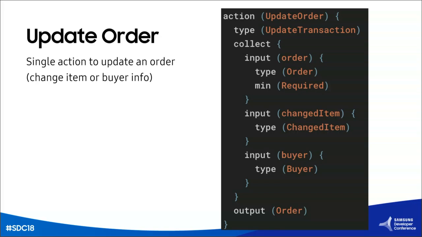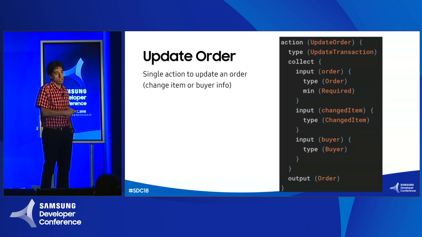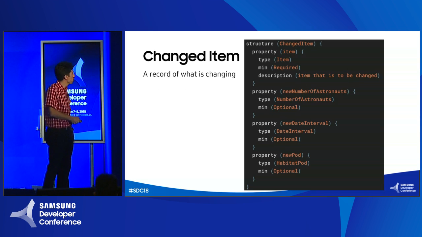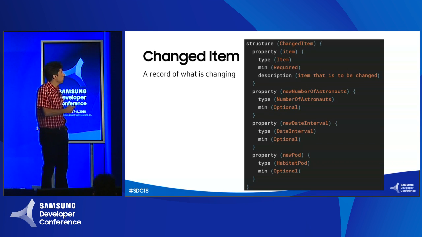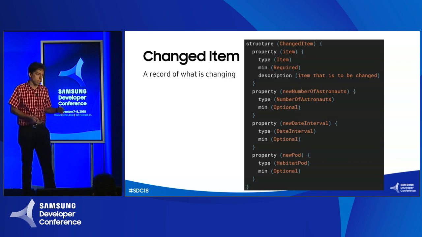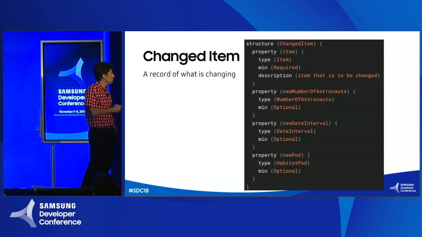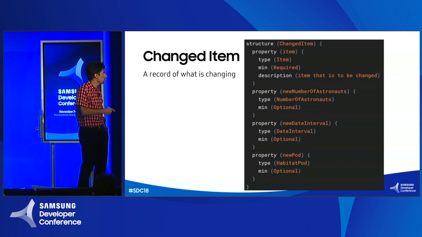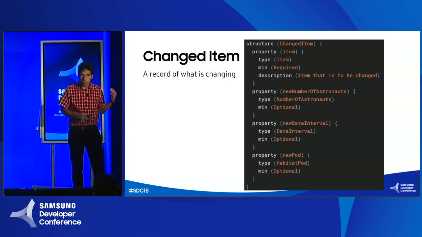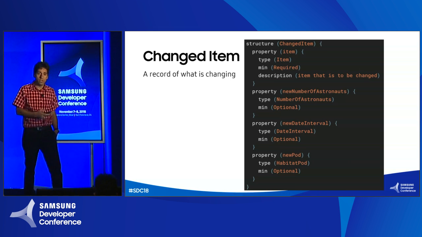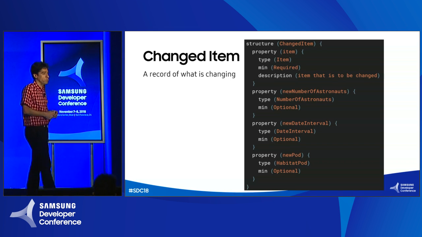So in this case, we might want to either change the buyer information or change an item in the order. And the item that has to be changed, this structure basically encapsulates information about what has to be changed. This is the item that we want to change, and the other properties indicate what has to be changed.